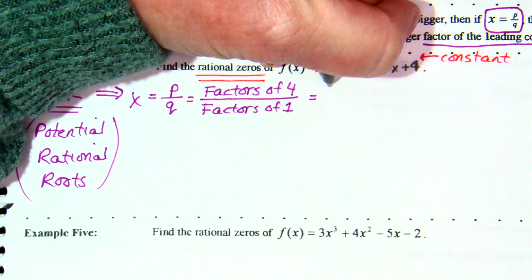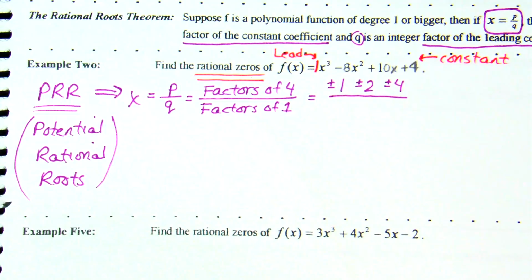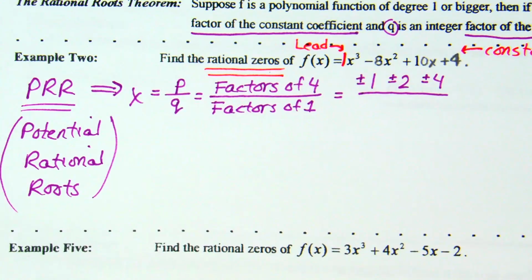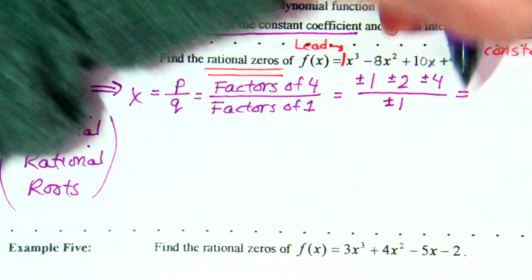So I'm going to say plus or minus 1, plus or minus 2, and plus or minus 4. Those are my integer factors of 4. We don't need to list 2 more than once. What are factors of 1? Plus or minus 1. We like that one, right?